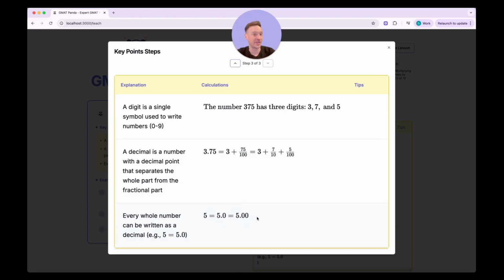We're not changing the value of this number. We're just adding some zeros after the dot. It's just another way of writing it, which in some conditions we may want to do. The key thing to remember is that whole numbers are also part of the decimal category.